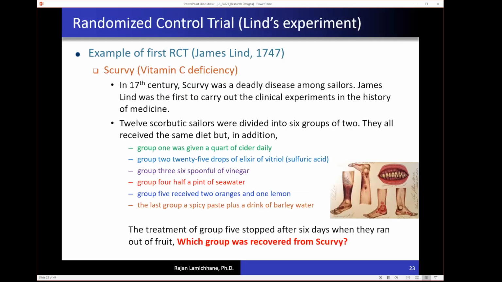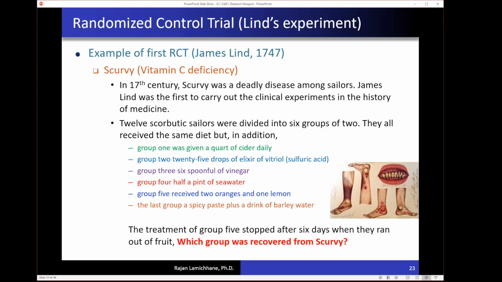Here is the first randomized control trial. It was carried out by the physician James Lind in 1747, and at that time scurvy was a significant disease among sailors. In scurvy, several parts of the body, especially the gums, get swollen and even bleed, and people can die.